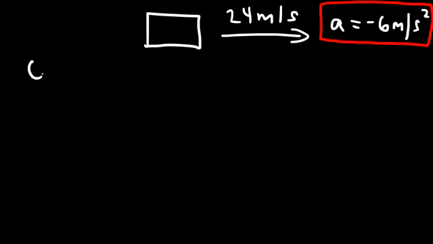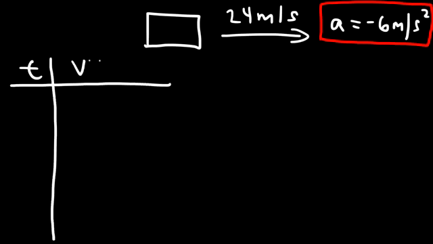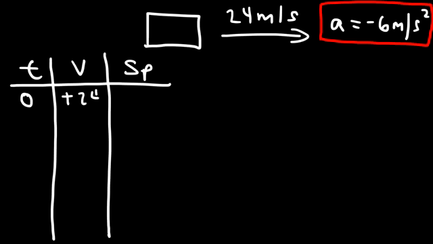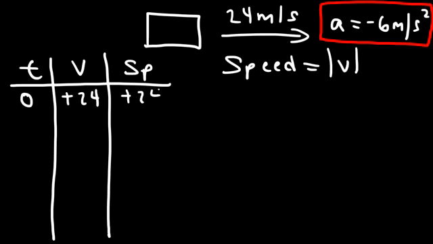So this time, we're going to make a table with time, velocity, and I'm going to use SP for speed. So at t equals 0, the velocity is positive 24. And remember, speed is the absolute value of velocity, so the speed is positive 24.